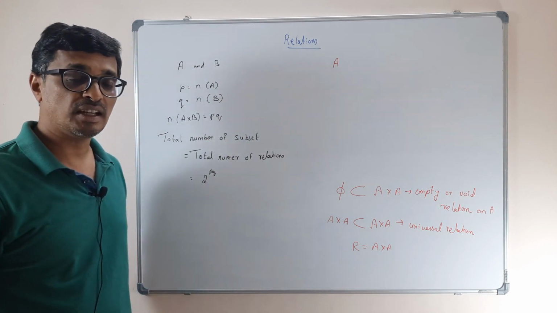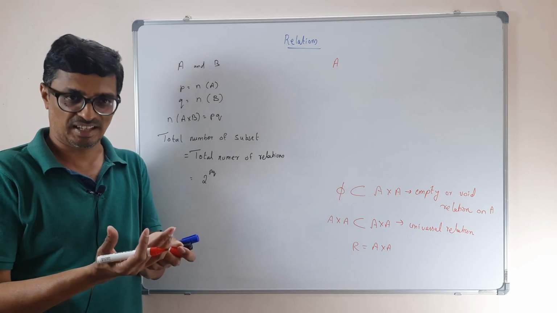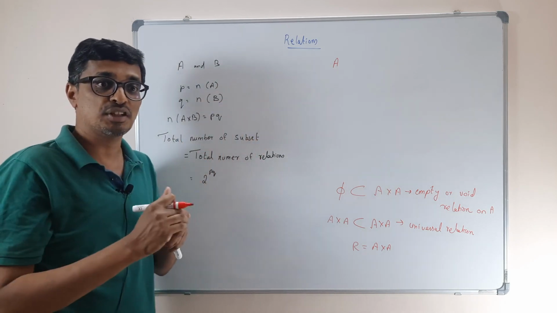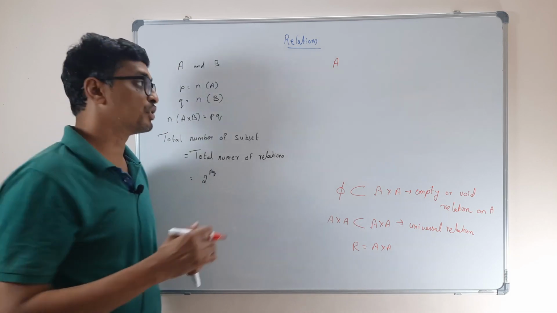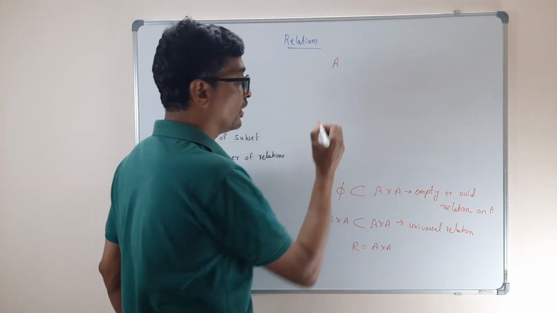Binary relations with what? Relations within the same set. What is the total number of binary relations you can get? A cross A. Correct.